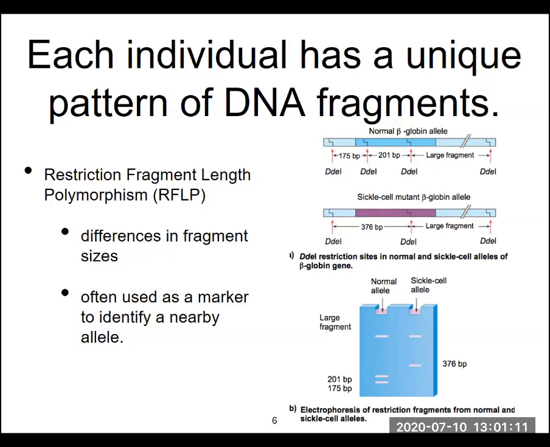In some cases, if we know information about these different lengths of the DNA fragments, we can often find a nearby allele, even if it's not showing up exactly where we want. It could be identified on the portion of the DNA molecule that we're studying.